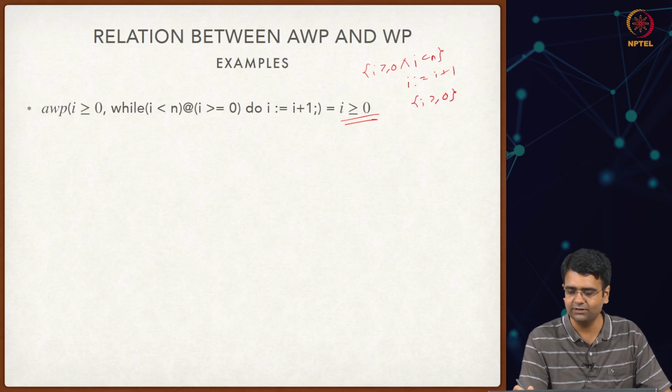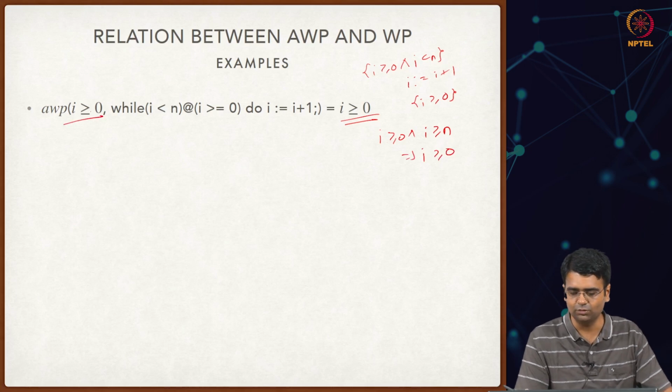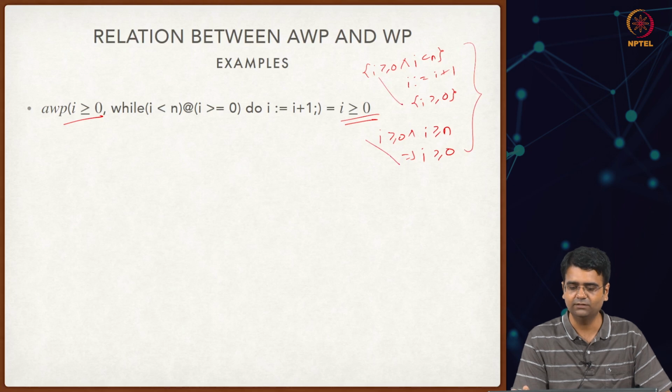So this is I and F, C, I. And I and not F, which is i >= 0 and i >= n, should imply i >= 0. So I and not F should imply the target, which is Q, which is i >= 0. So in fact both of these conditions are true, in the sense that this whole triple is valid and this formula is also valid. Therefore the approximate weakest precondition is going to be just i >= 0.